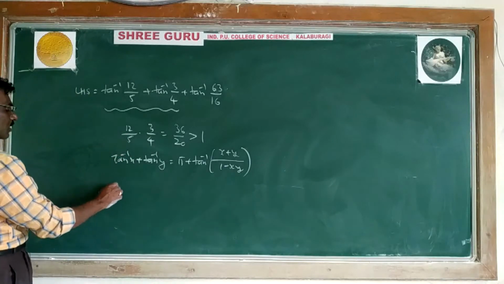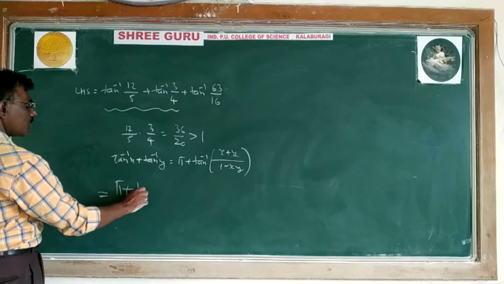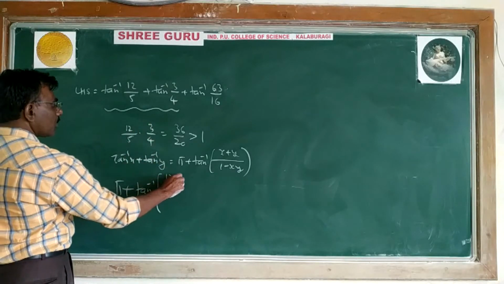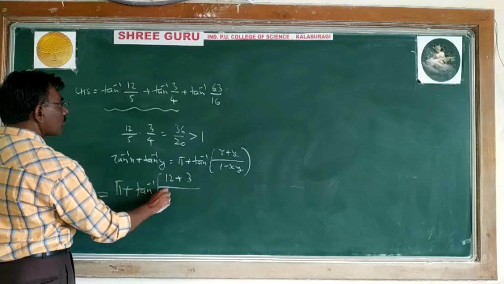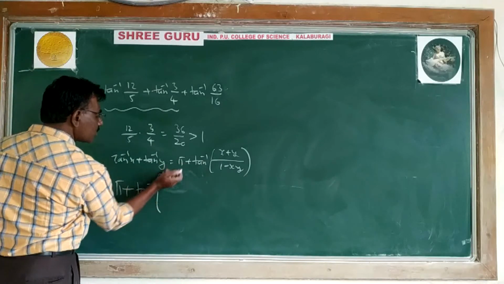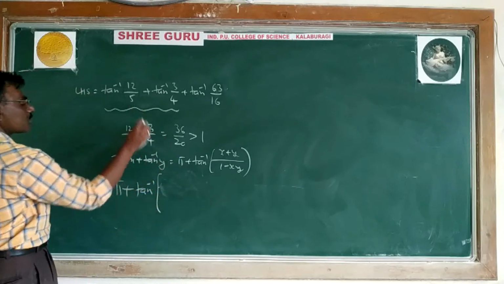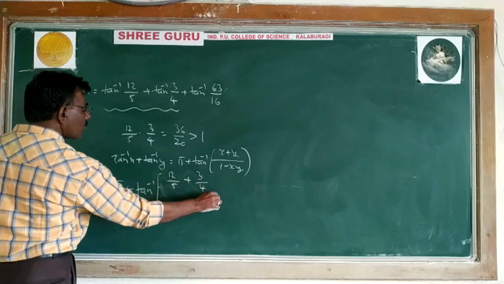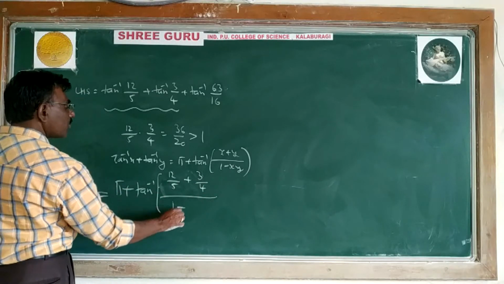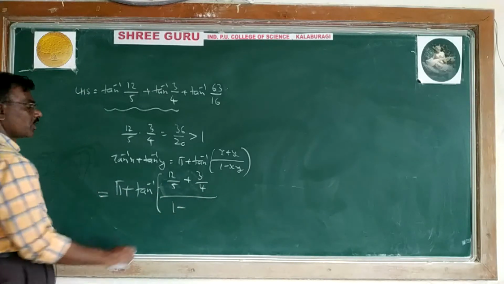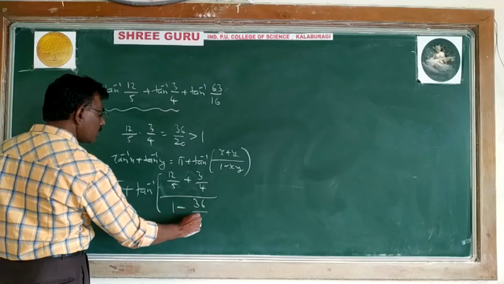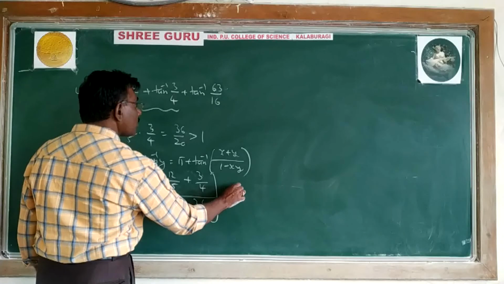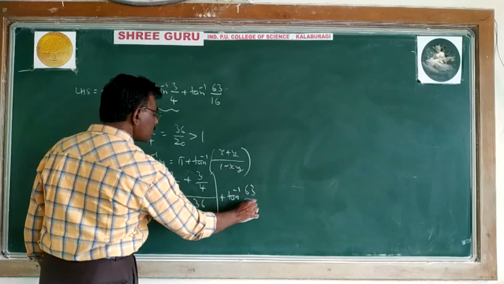Now pi plus tan inverse of (x plus y) by (1 minus xy). So x is 12 by 5 plus 3 by 4, whole divided by 1 minus 36 by 20, plus tan inverse of 63 by 16.